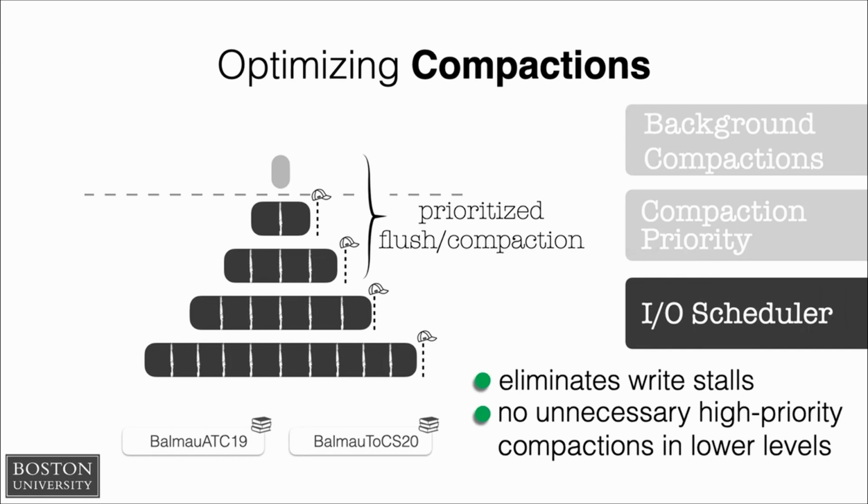They also prioritized the flushing of data in the shallower levels, because typically they are moving a smaller amount of data. And by prioritizing flush and compaction at the shallower levels, and by using a scheduler to separate the IOs, they attain a higher throughput for ingestion.